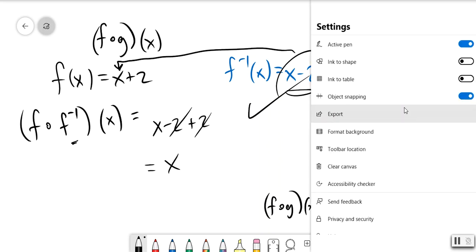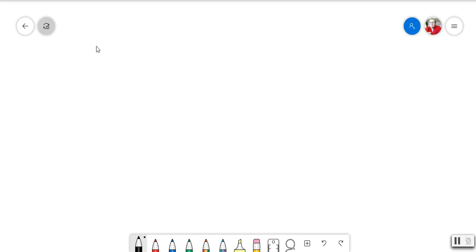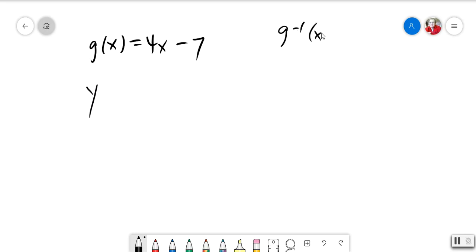Let's do a more complicated example. Let's say g of x equals 4x minus 7. Okay, once more, what we're looking for this time is inverse of g. We replace g of x with y, and we swap out our x's and y's.